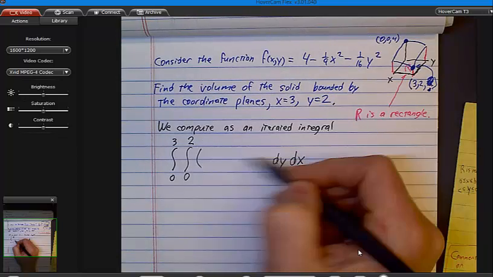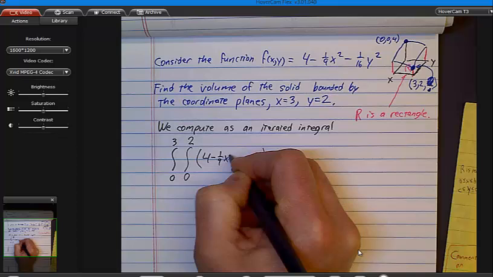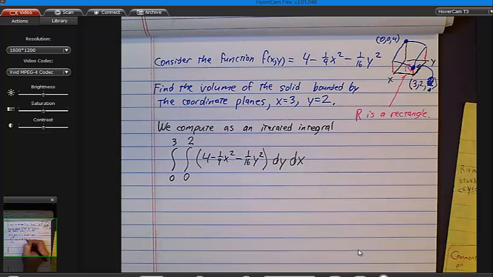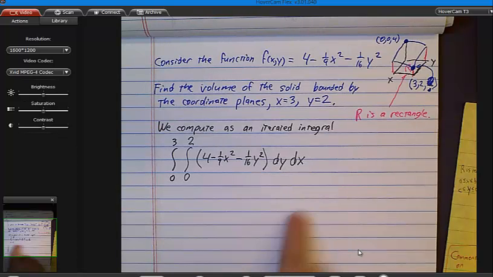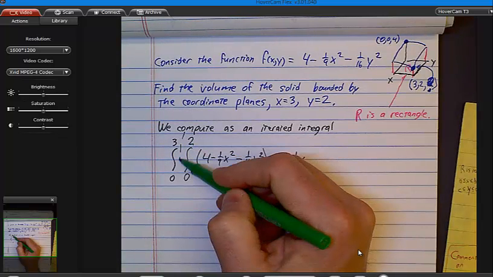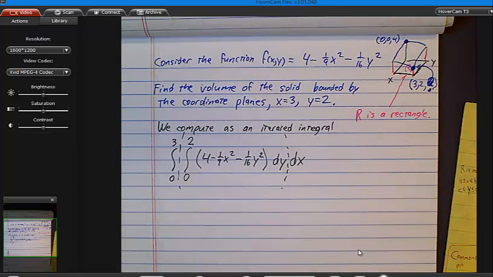Let me throw my function in here: 4 minus 1/9 x squared minus 1/16 y squared. Is this okay? This is called an iterated integral. Now the way integrals work, we don't write parentheses, but there are inside-out parentheses that you never write.